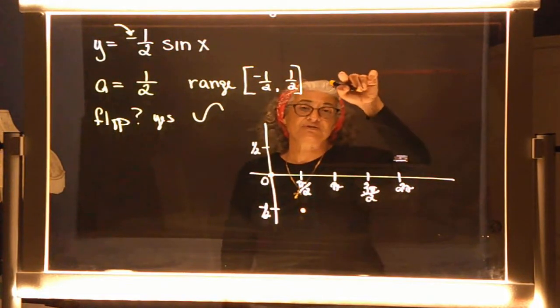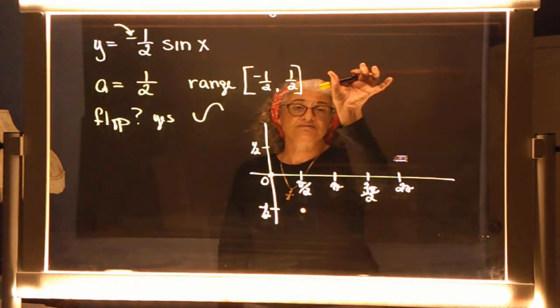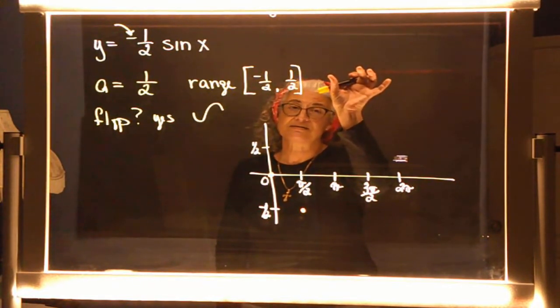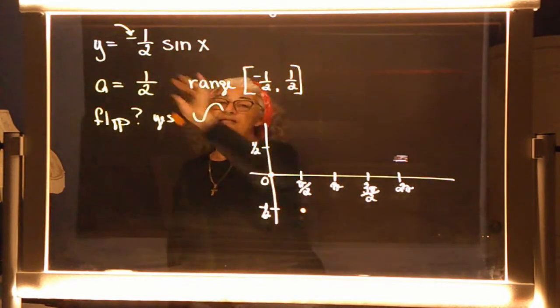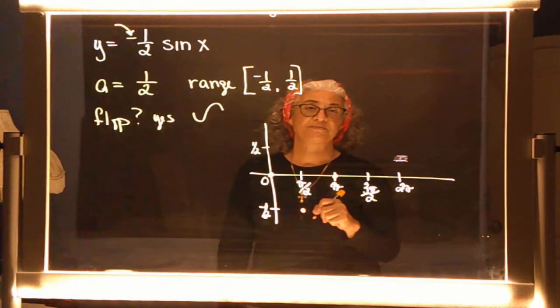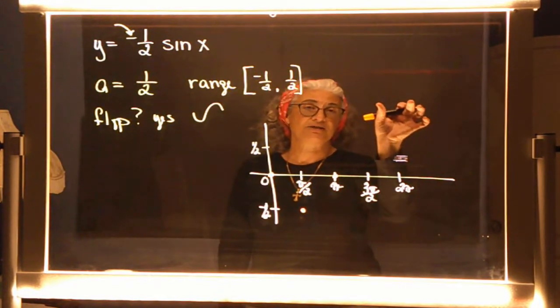At pi, which is over here, remember the point there. Sine is the y, so the sine at pi is, good, 0 times a negative 1/2, still 0. At 3 pi over 2, that's down here, so remember the point down here.